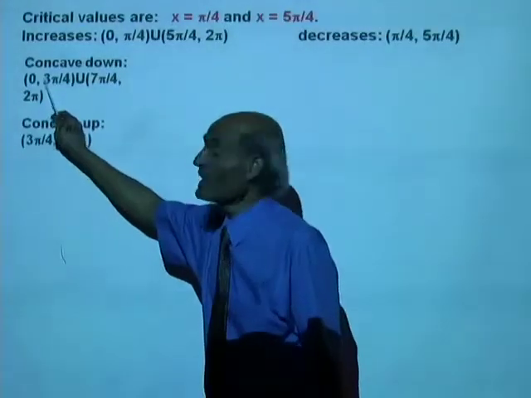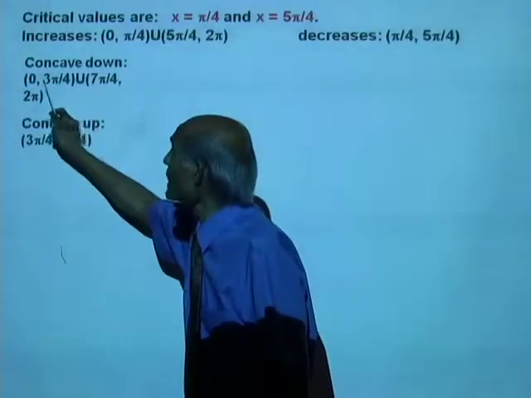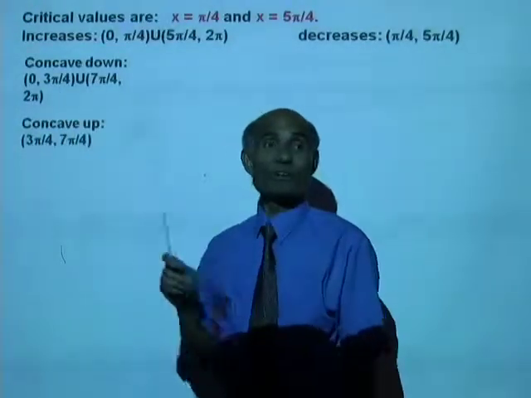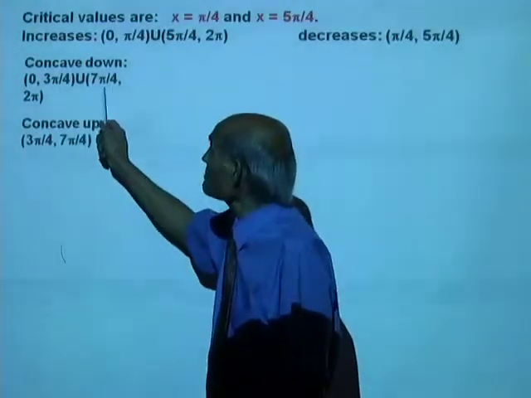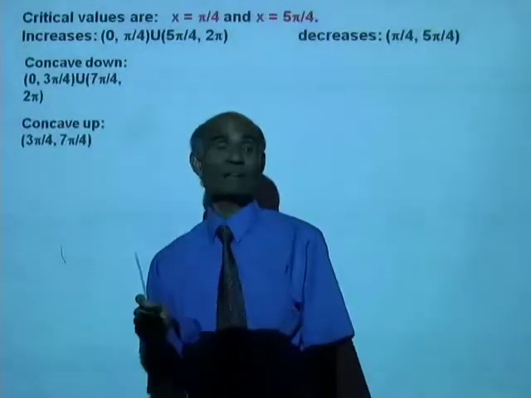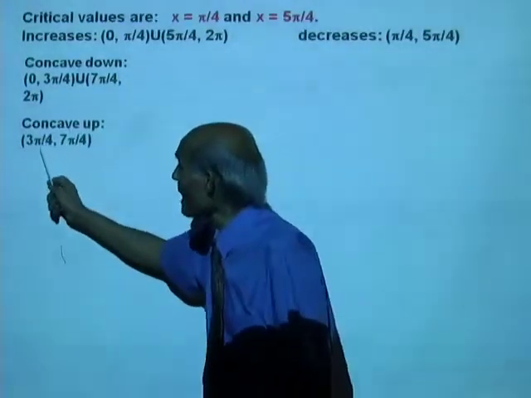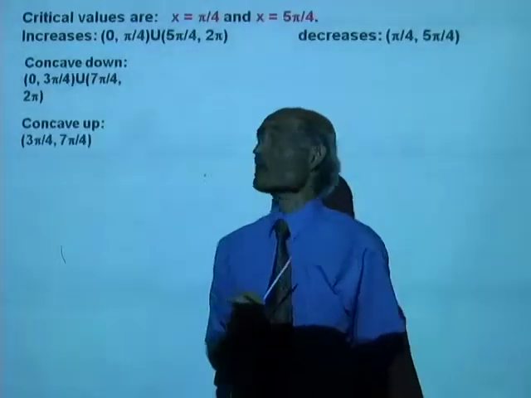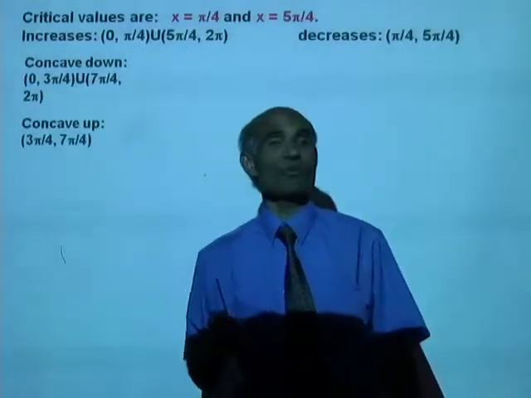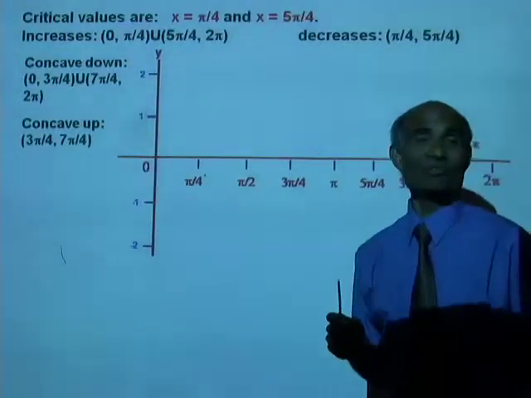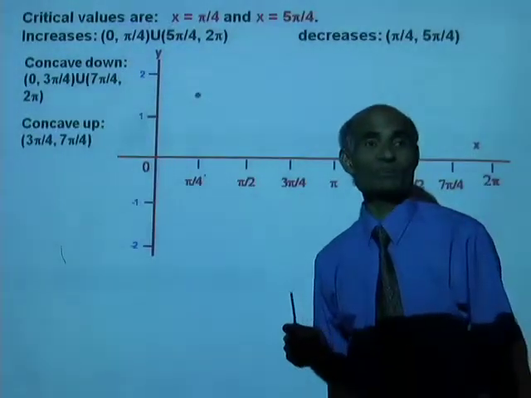Then you also know that the function graph is concave down from 0 to 3 pi by 4 and also from 7 pi by 4 to 2 pi. Picture all this in your mind. It is concave up on 3 pi by 4 to 7 pi by 4. Alright, let's put all this together and draw the graph of the function.